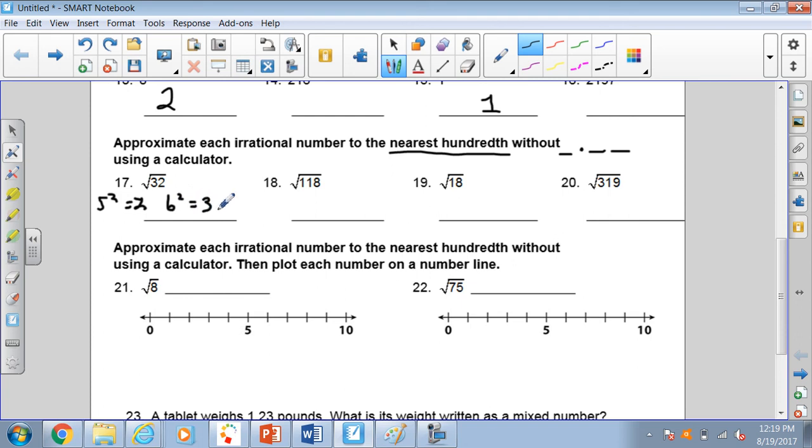That's bigger than 32. So I know my number has to be between 5 and 6. And since we don't want it to be way up here at 36, we know the first number is going to be 5. Okay? And if our first number is 5, and that gives us 25, we got to see what number we could put in there next. Let's start in the middle somewhere, and let's try 5.5. Okay, so we're going to erase 6 for now since we know that was too big.